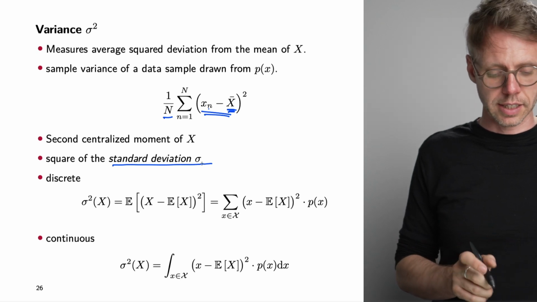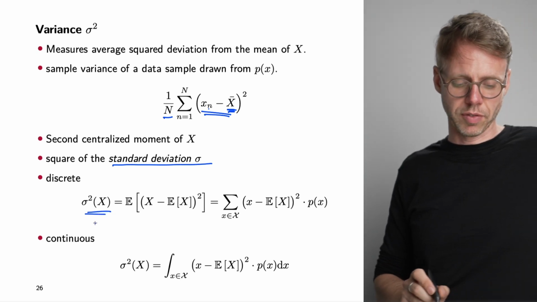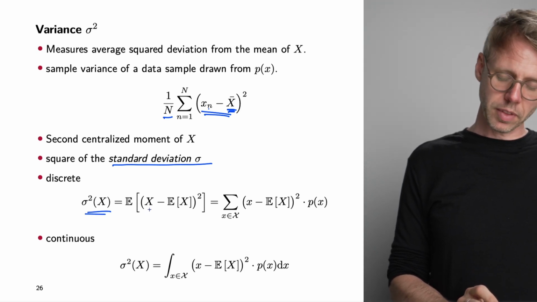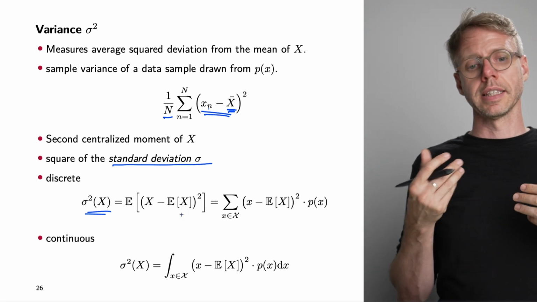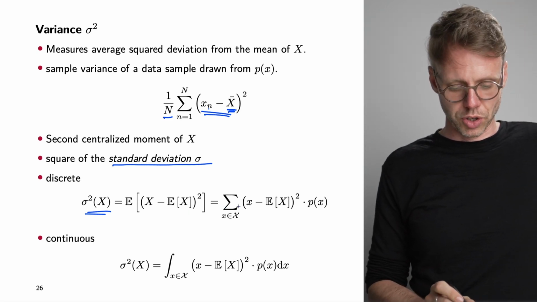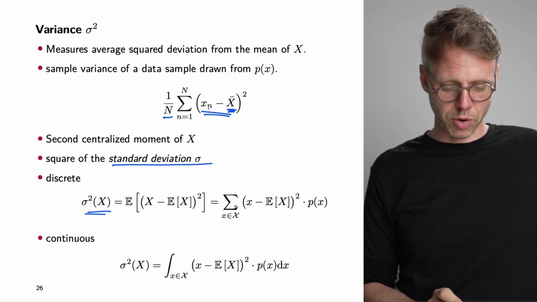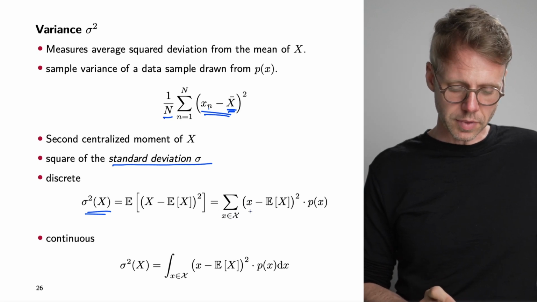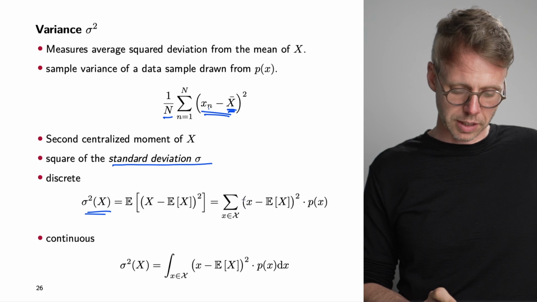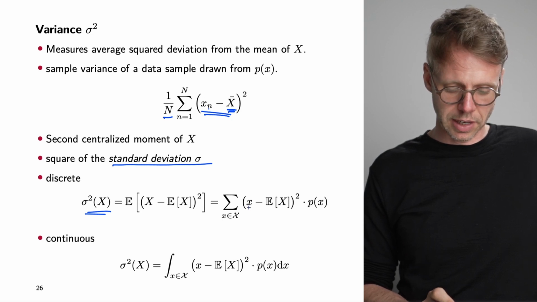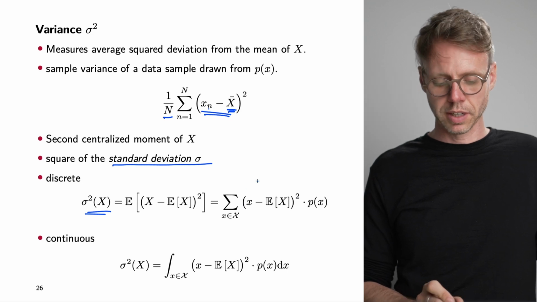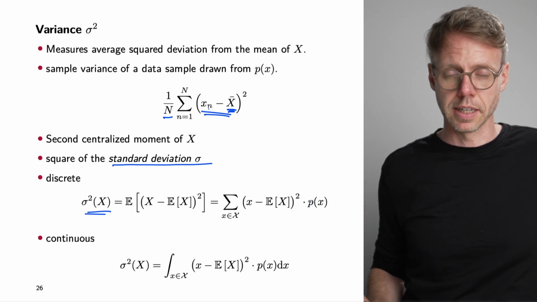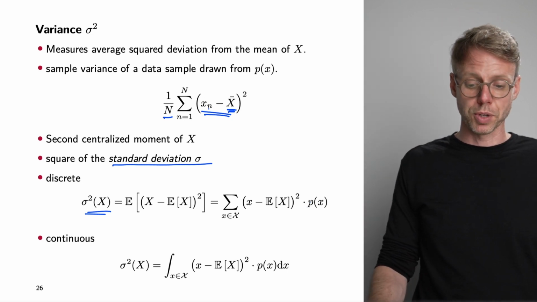In the discrete case, the variance is defined as the expected value of the squared difference between the random variable and its expectation, which, well, this expectation is the sum over all the possible values of the random variable x of the squared differences between x, this value, and the expected value of the random variable, the square of that, weighted by the probability mass function, so the probability of observing that value.